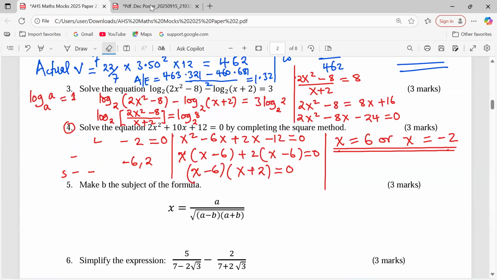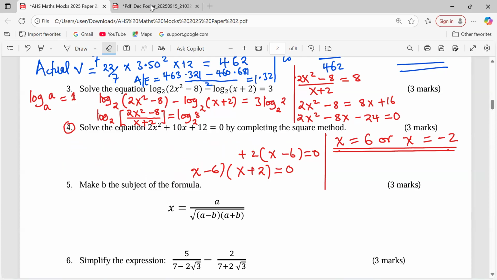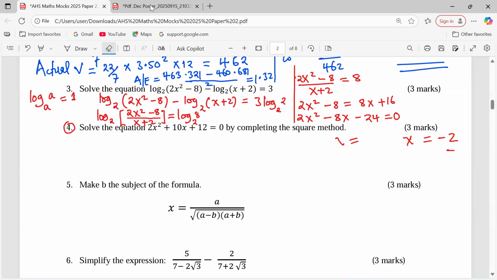A very simple question whereby the examiner has already chosen the method that you're supposed to use in the solution.